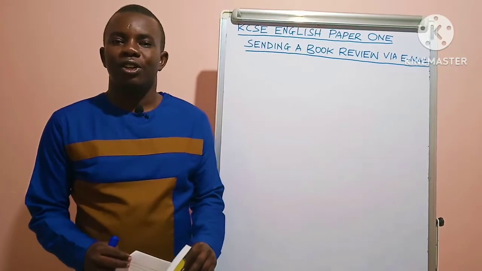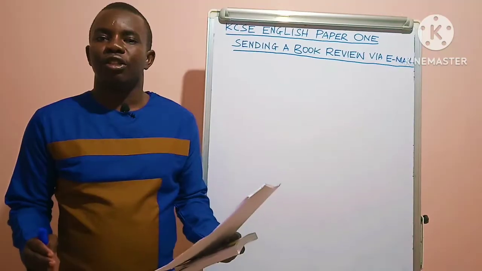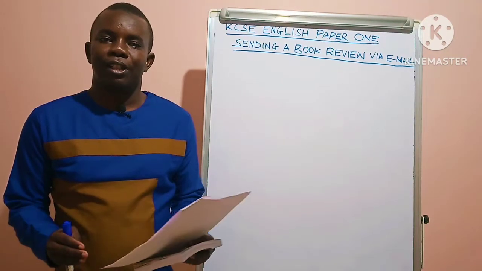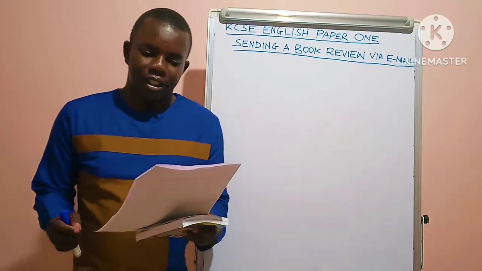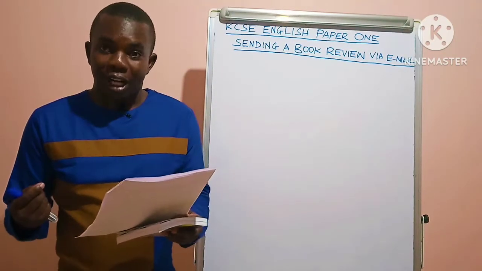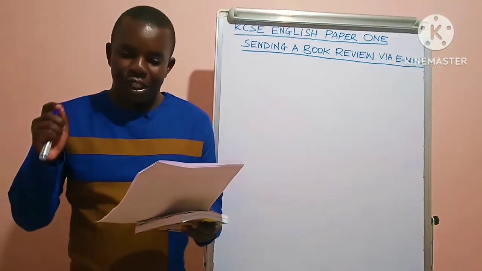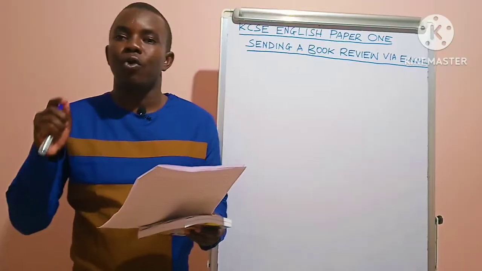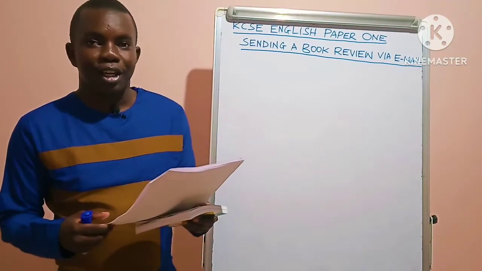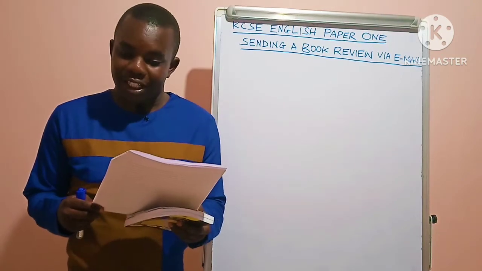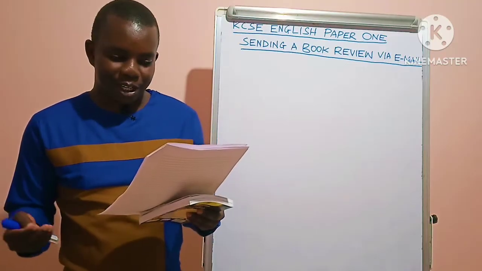In this video, I will be taking you through a revision on functional writing. And the task here is that your brother who studies English and Literature at Kenyatta University has requested you to send him a book review of Blossoms of the Savannah by H.R. Olekulet, which is the African novel they intend to study this semester.